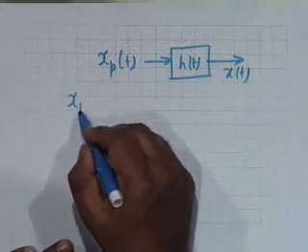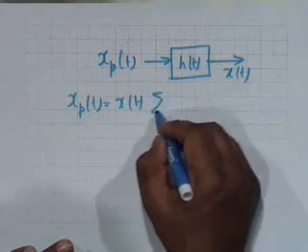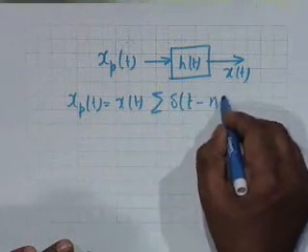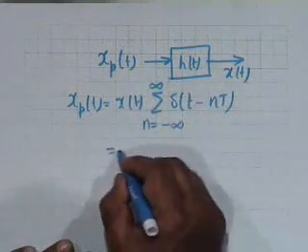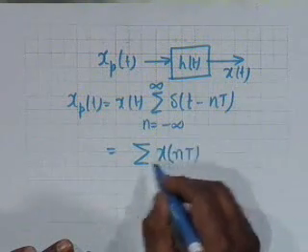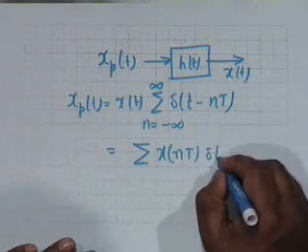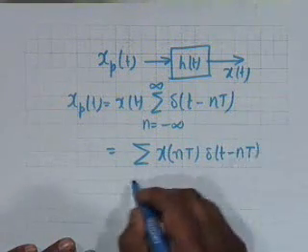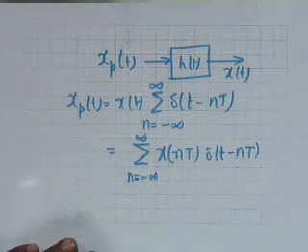You recall that x_p of t is nothing but x of t multiplied by summation delta of t minus nT, n equals minus infinity to plus infinity. That means this is equal to summation x of nT, since I can take x of t inside the summation delta. It's important to recall this, although it looks trivial. I have done this many times. x_p of t is this form.